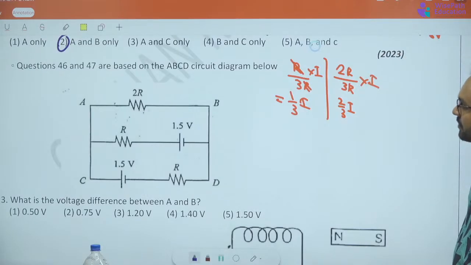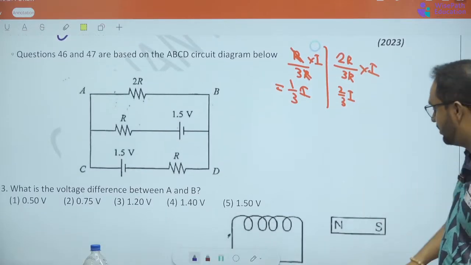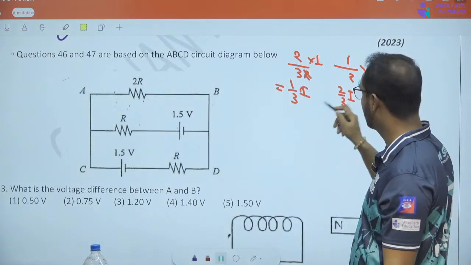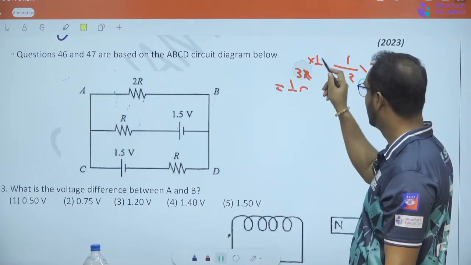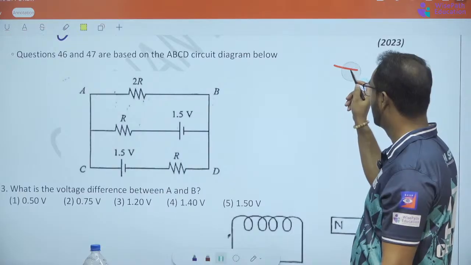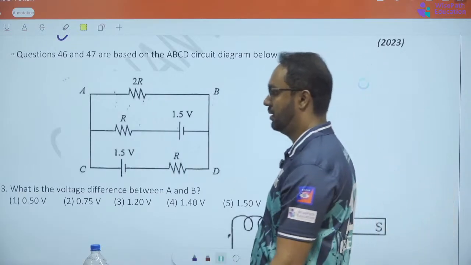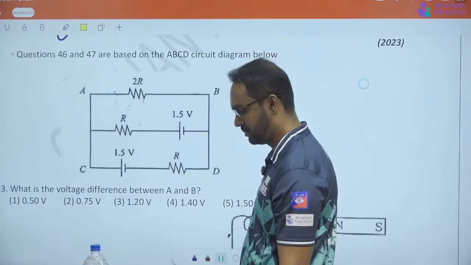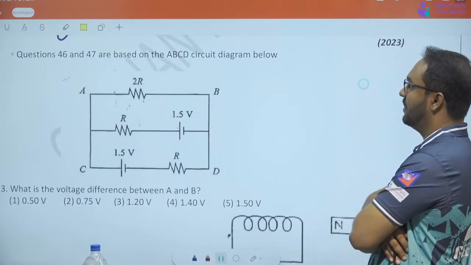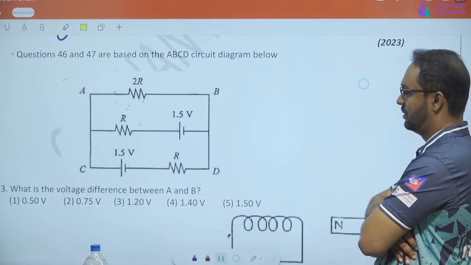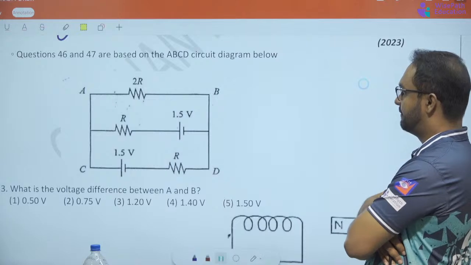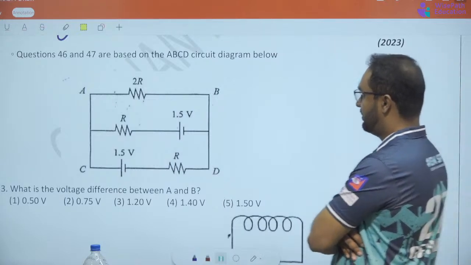So we have to find the voltage difference between A and B.